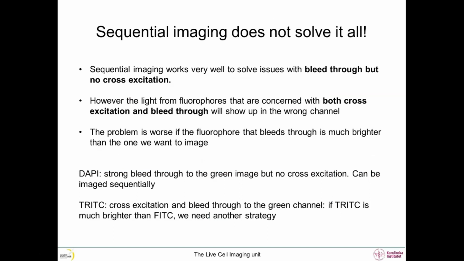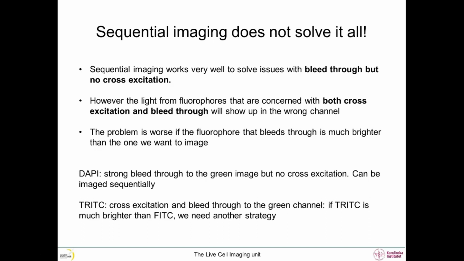Unfortunately, imaging sequentially does not solve everything. Sequential imaging works very well to solve issues with bleed-through, but not cross-excitation. However, the light from fluorophores that are concerned with both cross-excitation and bleed-through will show up in the wrong channel, even during sequential imaging.